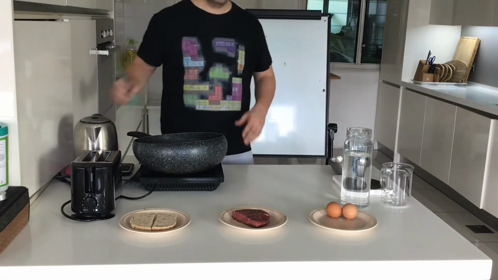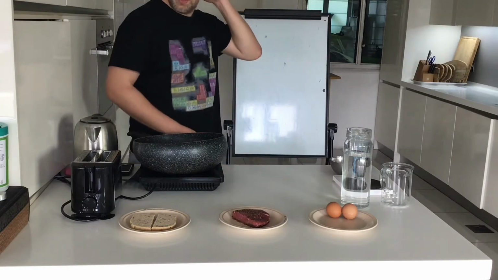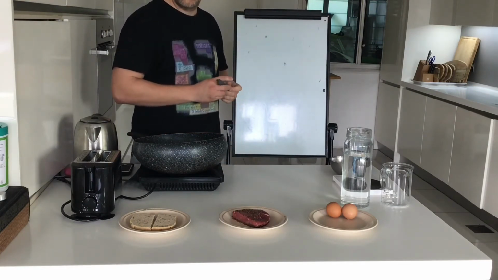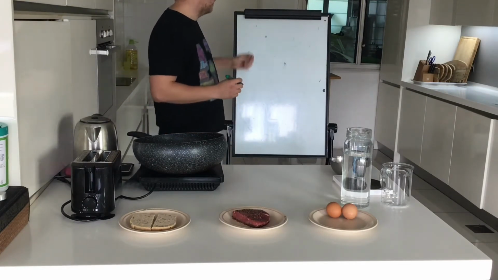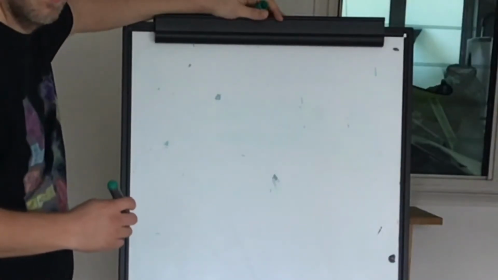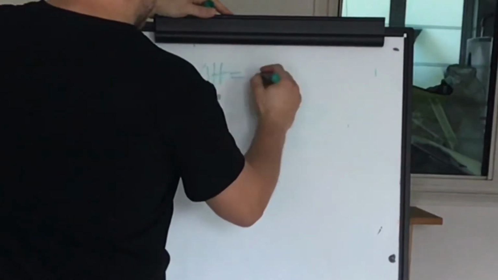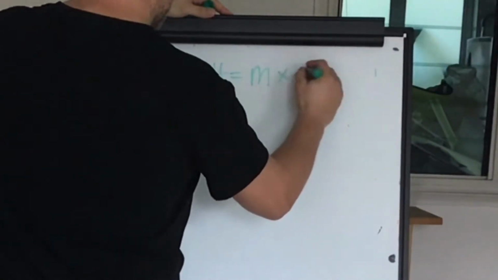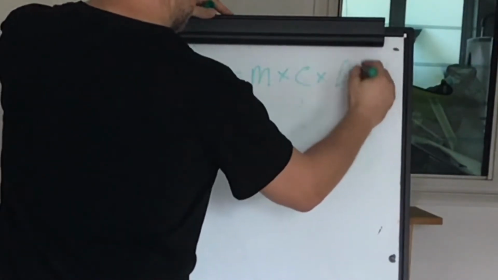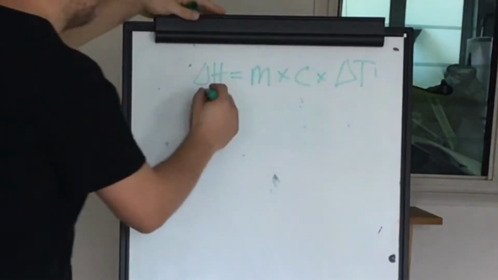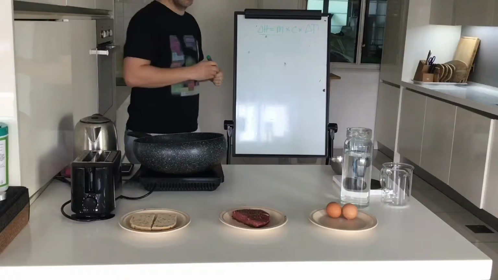And so can somebody tell me the equation that we need for that? The equation for calculating enthalpy. Heat change equals mass multiplied by specific heat capacity multiplied by temperature change. Okay, that's the equation that we basically are going to look at all the time.